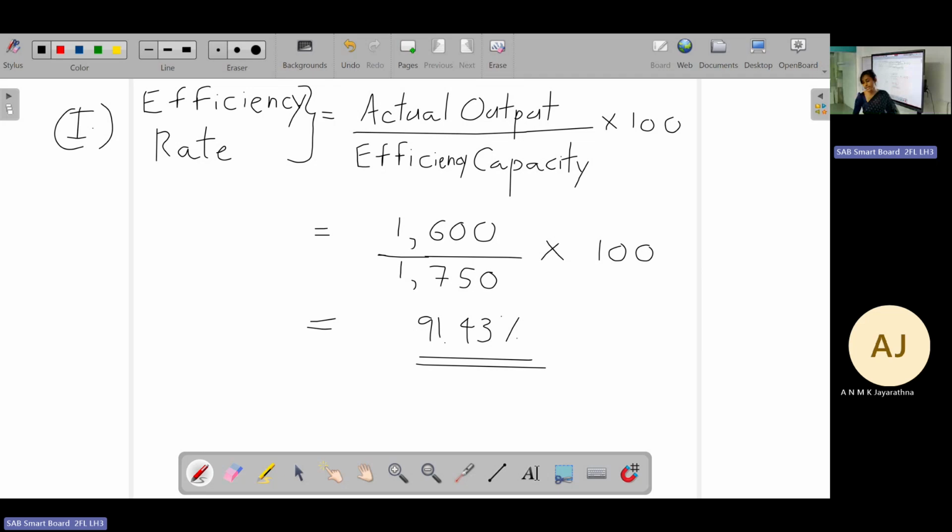So the efficiency rate is 91.43%. Okay. First download the 18-day weekday past paper, then I will tell you the question number.